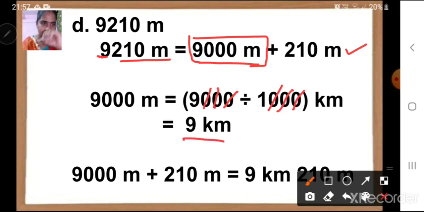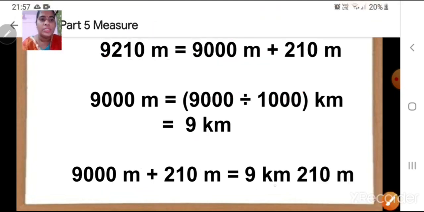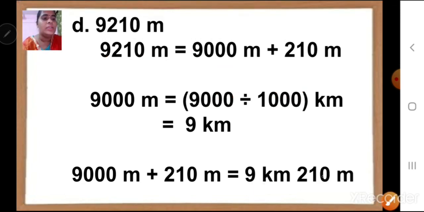After that, we will write the expanded form and replace 9000 meter with 9 kilometers. So it is equal to 9 kilometer and 210 meter. Got it, children? So we can say 9210 meter is equal to 9 kilometers and 210 meter.